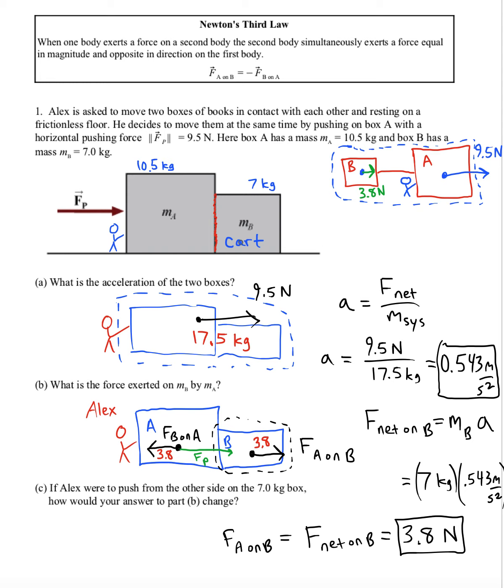It's being pushed by the object that Alex is actually in contact with. With that in mind, we should be able to find the force of A on B by using the mass of the cart divided by the mass of the system and then multiplying that by the force that Alex is pushing with.